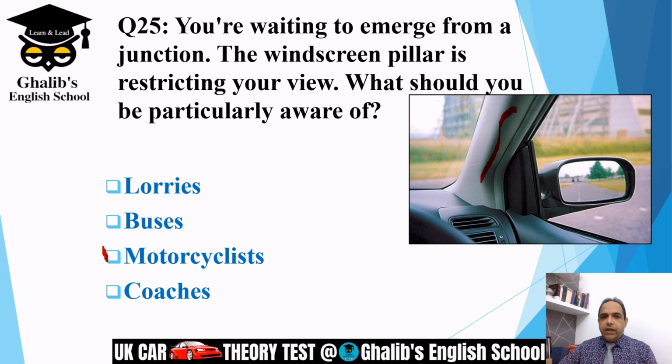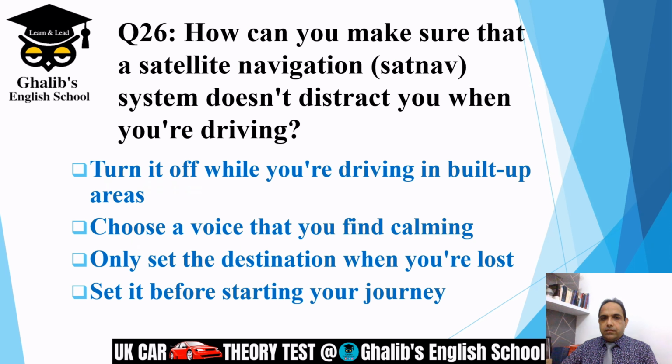You should be aware of motorcyclists because as soon as you stop at the junction, you look right and left and there is nothing. But as soon as you emerge on the road, you see motorcyclists right in front of you. So these windscreen pillars cause a lot of problems. Like I said before, what should you do? You need to move forward and do your observation.